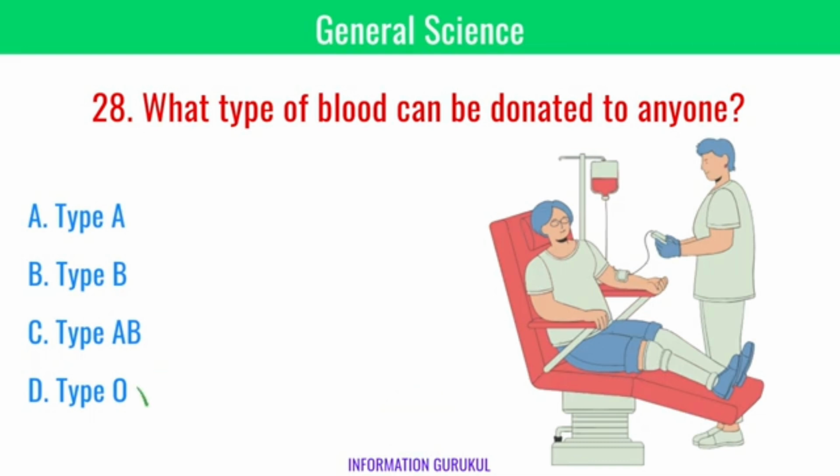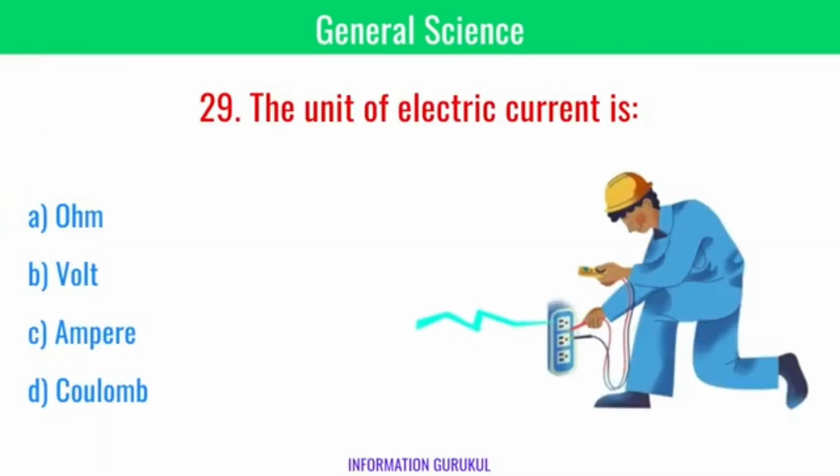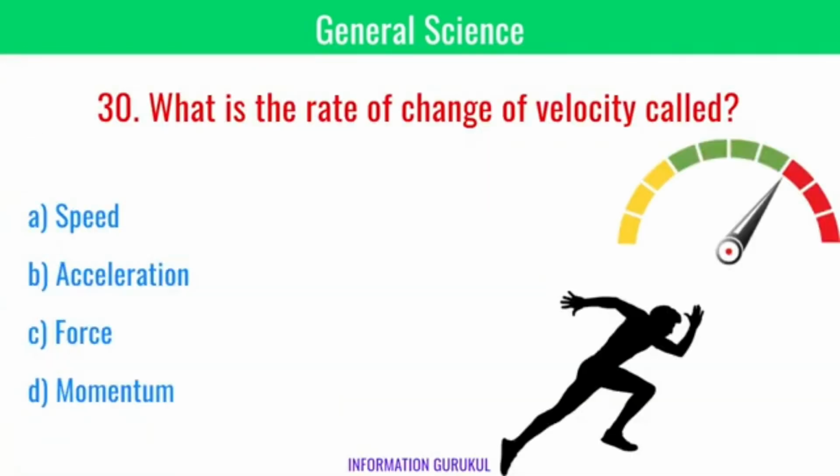Type O. The unit of electric current is ampere. What is the rate of change of velocity called? Acceleration.